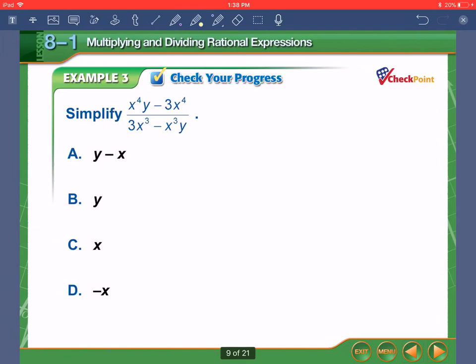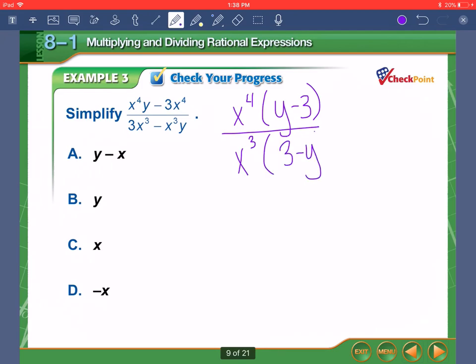So next up, I've got (x to the fourth y minus 3x to the fourth) over (3x cubed minus x cubed y). In the numerator, I can factor out an x to the fourth, and I'm left with y minus 3. Over in the denominator, I can factor out an x cubed, and I'm left with 3 minus y.